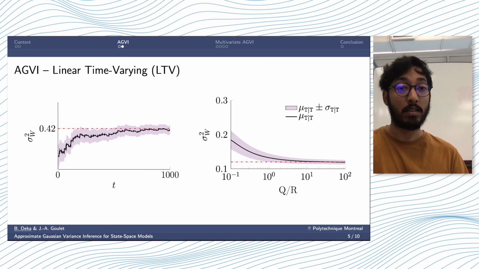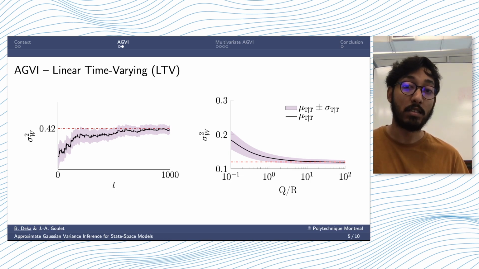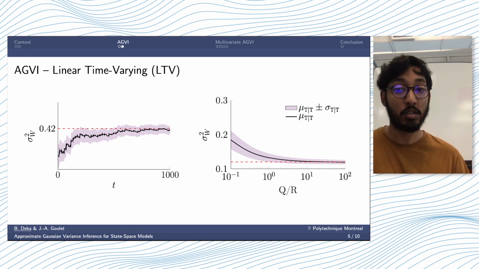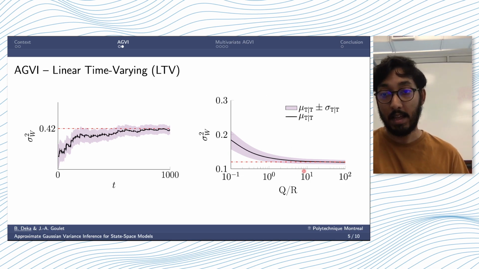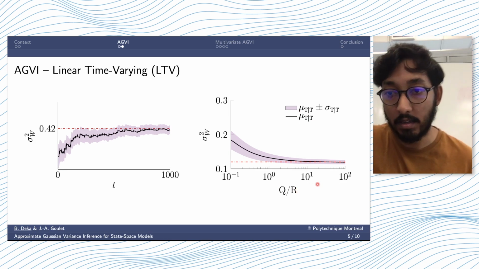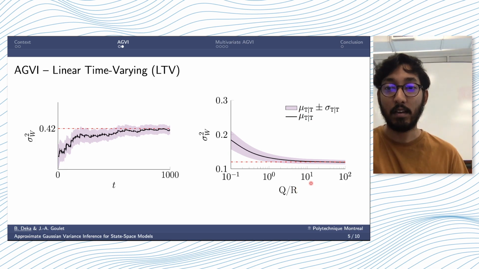We have also carried out a test because, as I mentioned, using AGVI, we assume that the R matrix is known, and we capture all the aleatory uncertainties through the Q matrix. Now, in most studies, there is a relationship between the Q and R, and we see that if the Q and R value is around 10 or higher, it can infer the correct sigma squared W using AGVI.